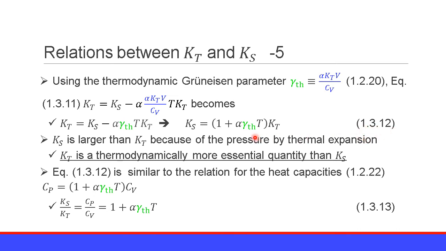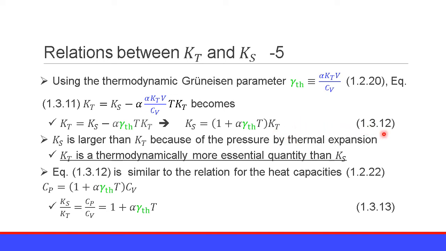Because 1, alpha, gamma th, and T are all positive quantities, Ks is larger than Kt.